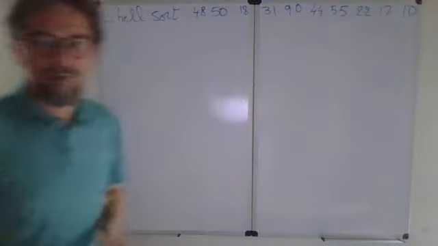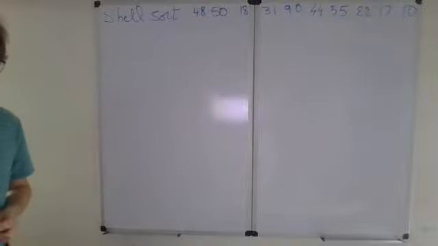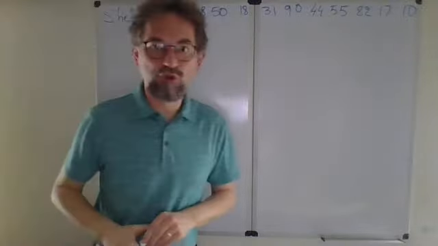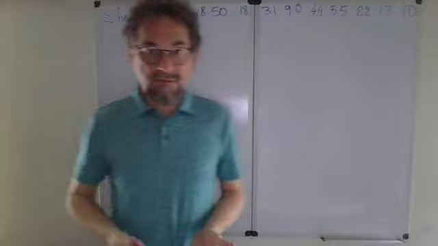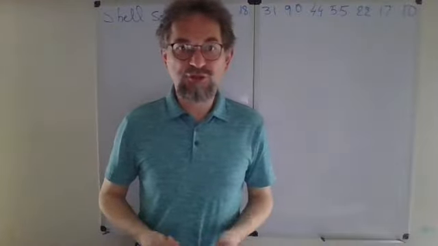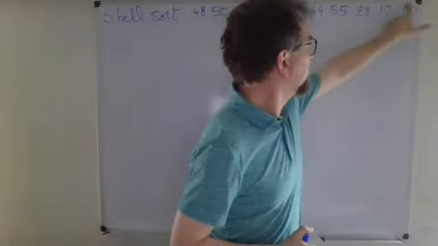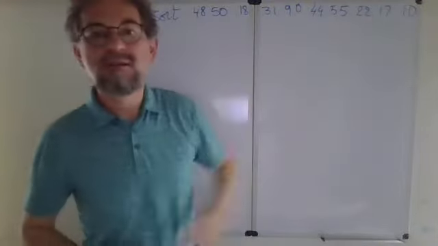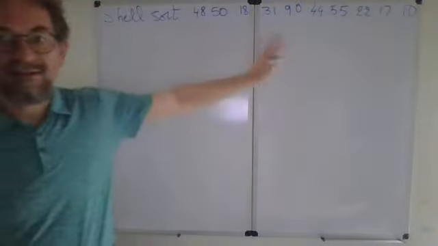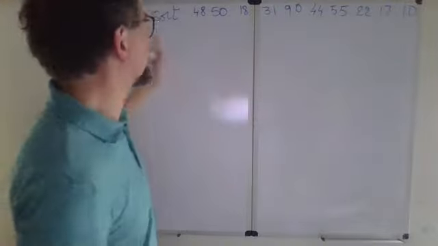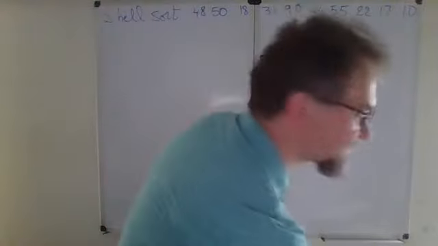Here are the numbers, and we will actually improve insertion sort. As you may remember from last time, insertion sort was quite bad when the smallest number, and here the smallest number is 10, is all the way at the end, because then we have to insert it and shift all the elements.